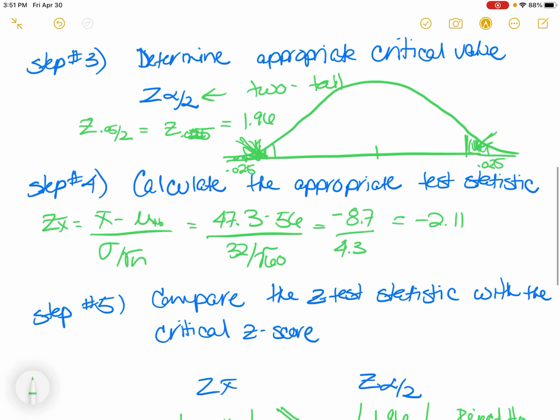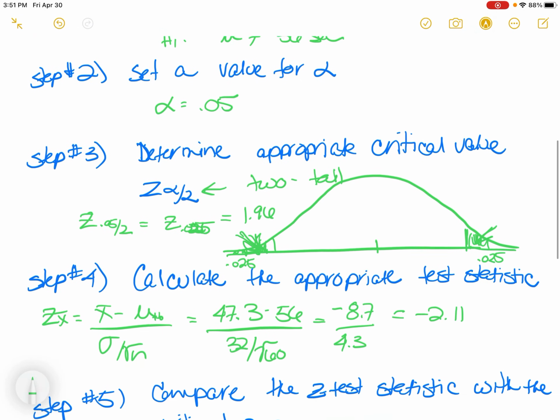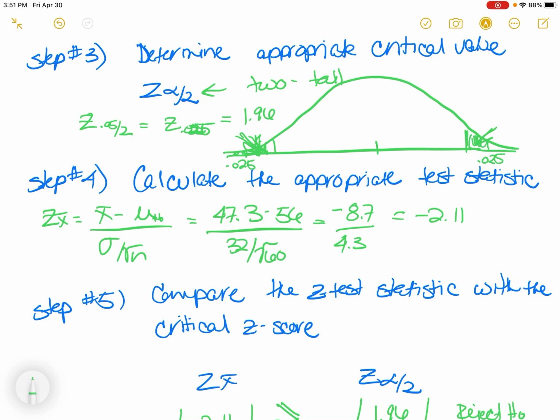So this substantiates what the researcher is claiming, that the amount of time looking at a web page is not equal to the 56 seconds. He's claiming that it's 47.3 seconds. So this substantiates his claim.